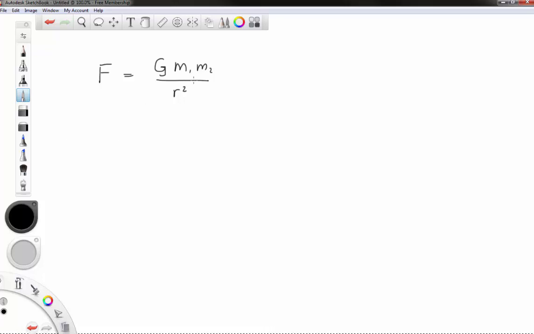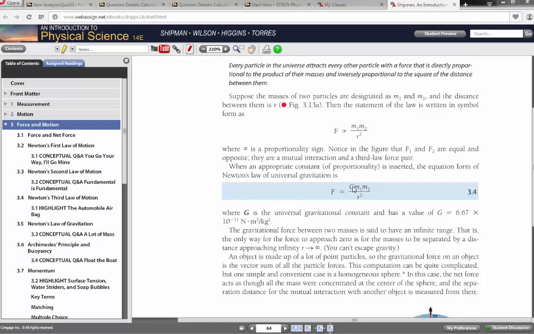So for big G, you can look it up in your book or in your notes. Here it is in your book, for example. G is the universal gravitation constant and has a value of G equals 6.67 times 10 to the minus 11 Newton meters squared per kilogram squared. So we've got the value of G.